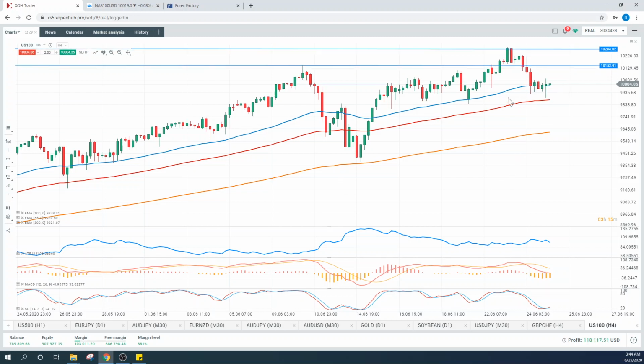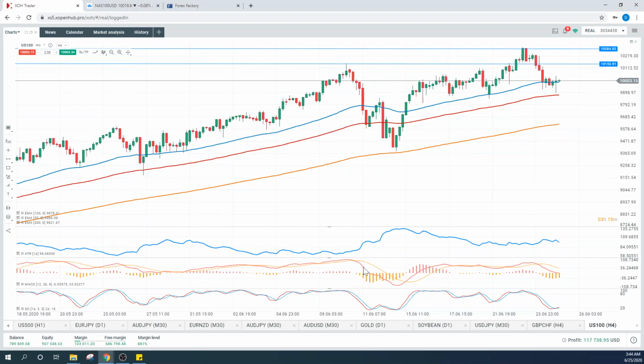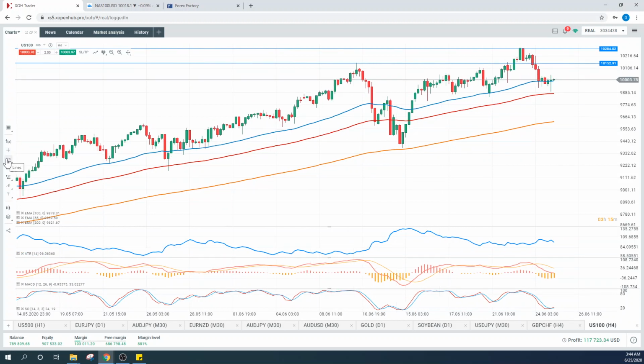Meantime I can see the level of EMA 55, which was my first target. Actually, what I can see from the movements, first of all, if you're checking the ATR, if you're checking the MACD, let's have a look here. Look at the highs and what's happening there, then you will get my idea.